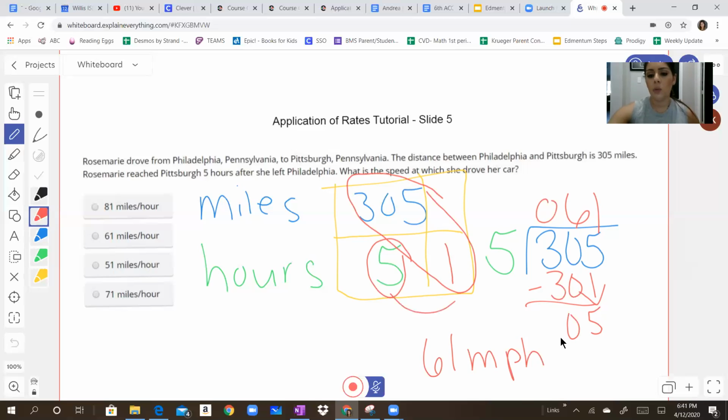So when you are unsure as to who goes where, you can always set up a proportion to help you better see it. So we can confidently state that Rosemarie drives 61 miles per hour.